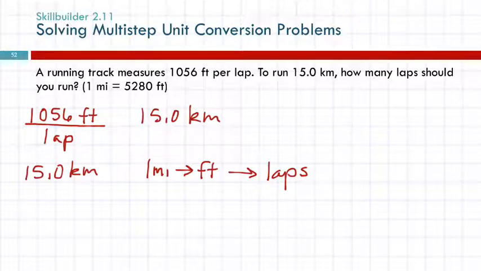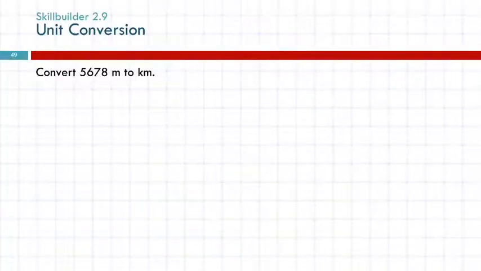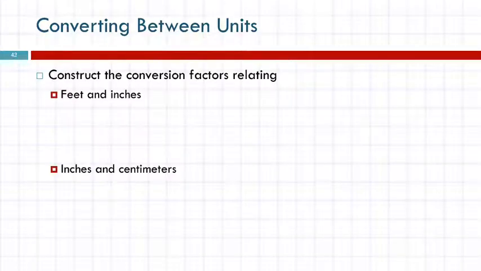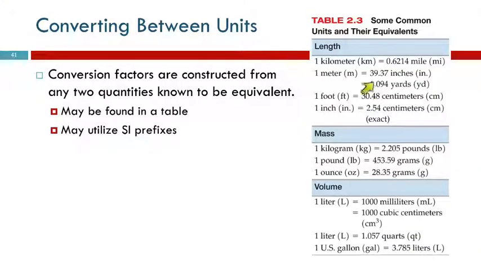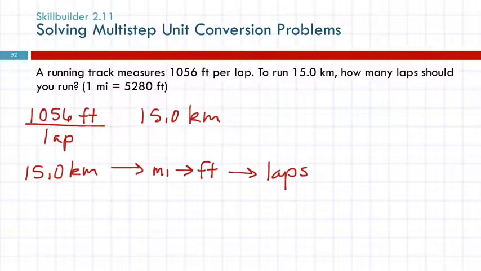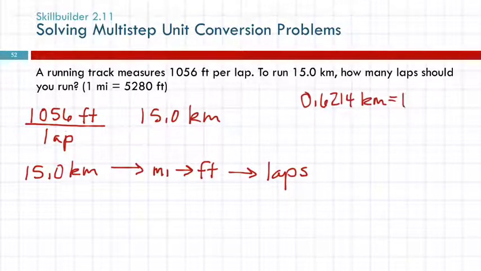Well, can I get from kilometers to miles? I don't want a 1 there either. Well, I could look that up in a table. If we go back. Yeah, 0.6214 miles is equal to 1 kilometer. So there's my path.